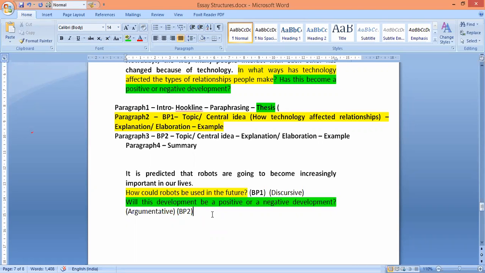But if you say that robots will be used in wars, for taking over others, controlling others, or taking the jobs of other people, then you are giving a negative hint that the use of robots is on the negative side.